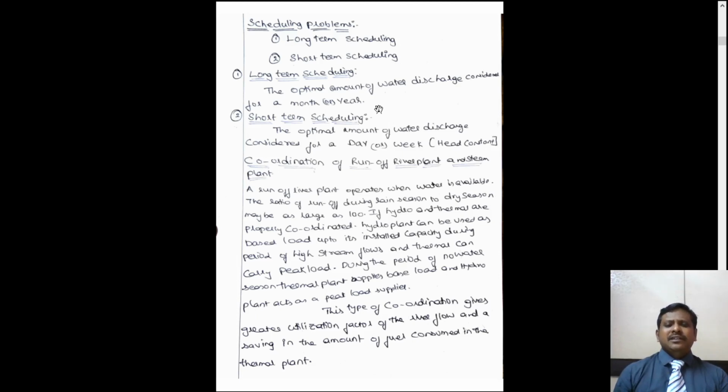Even if you consider 2 years or 3 years, it is not feasible, right? You cannot expect the water, the rain. How will you know the rain in the next year or the coming years, right? So considering a year or a few months, maybe 5 or 6 months, long-term scheduling can be done. Not more than 1 year.